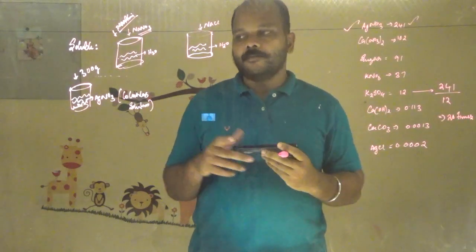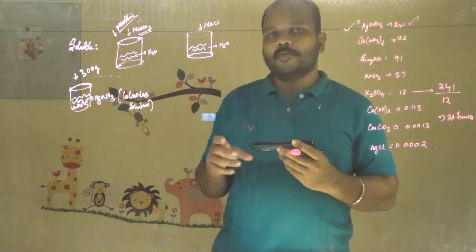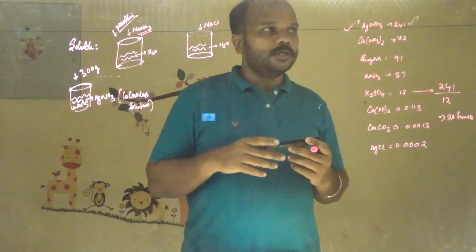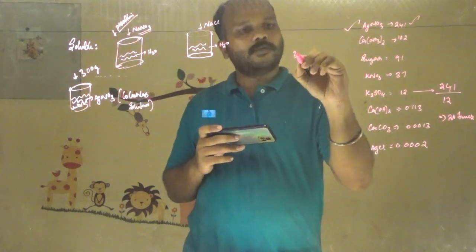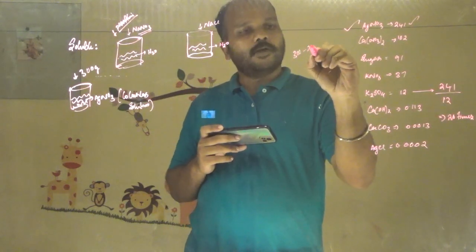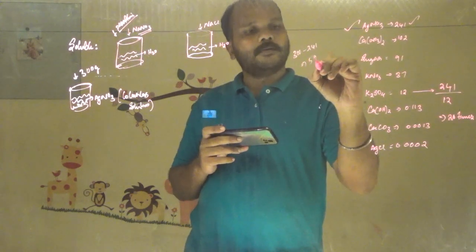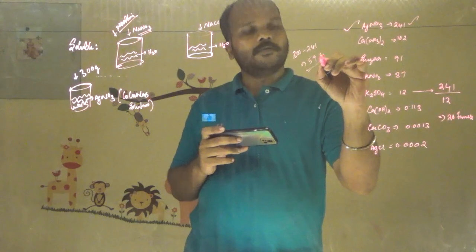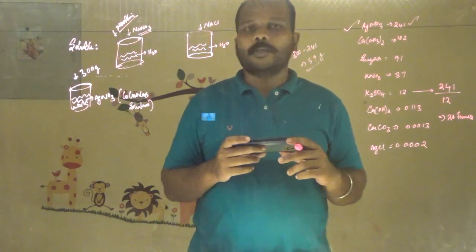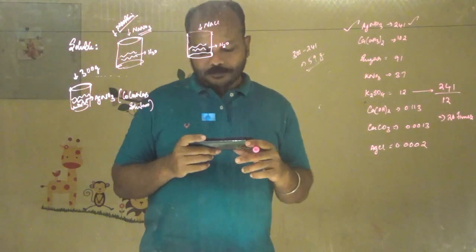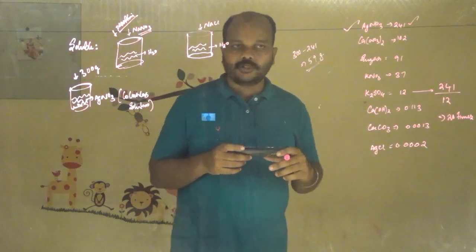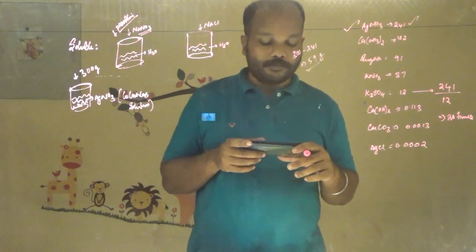So if you are adding 300 gram, some amount won't dissolve. 241 gram out of 300 will dissolve, and the remaining 59 gram will remain. That solution, the entire amount will not dissolve.